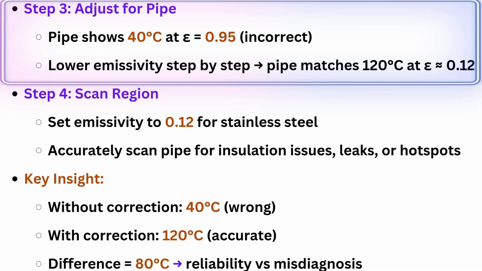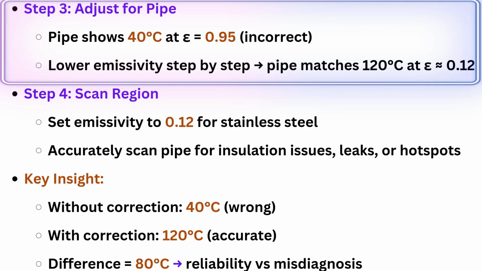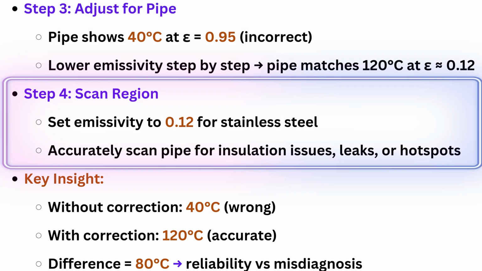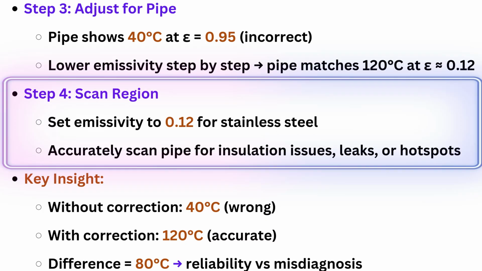Once I slightly move the camera from that place, I will continuously reduce the emissivity until I attain the same temperature of 100 degrees Celsius on that pipe. Let's say my emissivity setting is now around 0.1 or 0.15, and I have attained the same temperature that I am getting on the black tape, right?